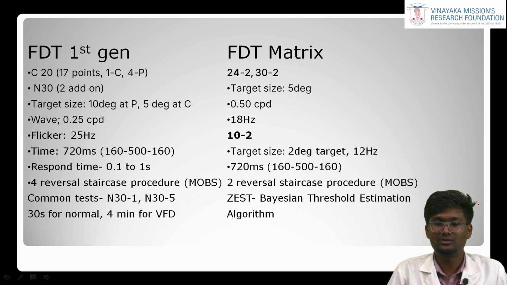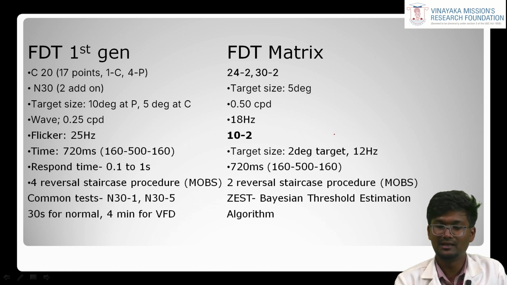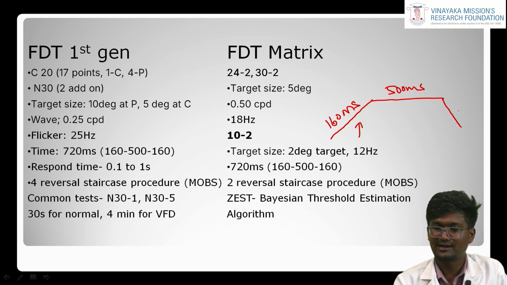Comparing with those two, the 10-2, which affects only the macular region, has a much reduced target size. The target size is 2 degrees and the test target frequency is 12 Hz, and the time duration is similarly 720 milliseconds: for the first 120 milliseconds the contrast level keeps increasing, after that the contrast level is maintained for 500 milliseconds, and then it is decreased for 160 milliseconds.